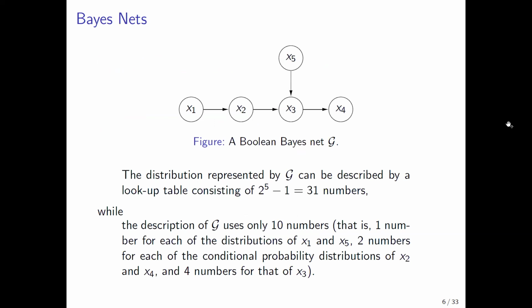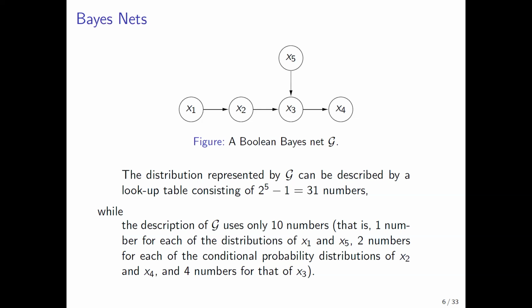Let us consider a Boolean Bayesnet, where each node may take the value 0 or 1. One way of describing the joint distribution that is represented by G is to use a lookup table that consists of 31 numbers. However, there is a description of G that describes the DAG and the conditional probability distributions that uses only 10 numbers.